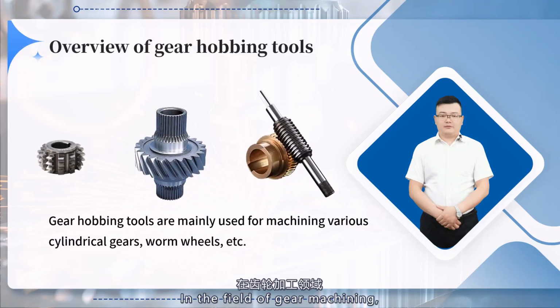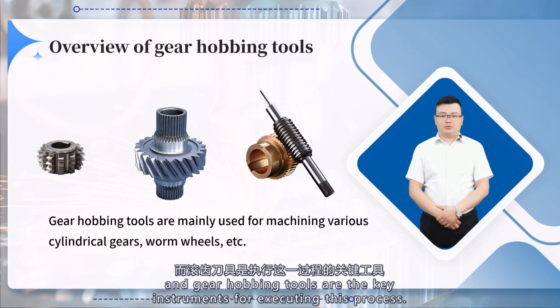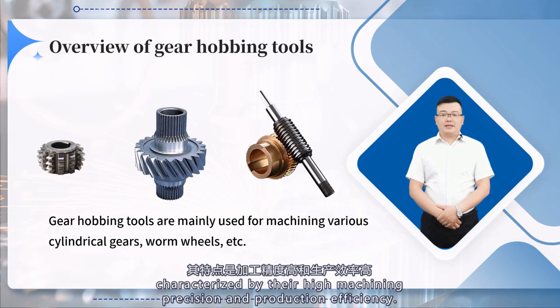In the field of gear machining, gear hobbing is a highly important processing method, and the gear hobbing tools are the key instruments for executing this process. Gear hobbing tools are primarily used for machining various cylindrical gears and worm wheels, characterized by their high machining precision and production efficiency.